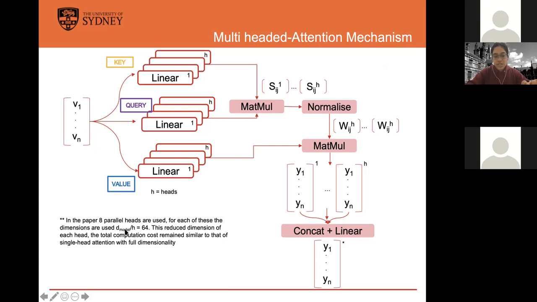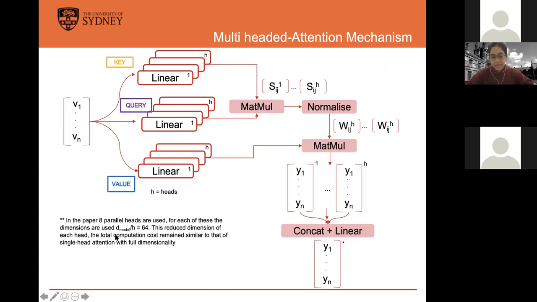They used a dimension of 64, so that when running these 8 multi-head attention layers in parallel, the computation cost remains exactly similar to running a single head attention with full dimensions.